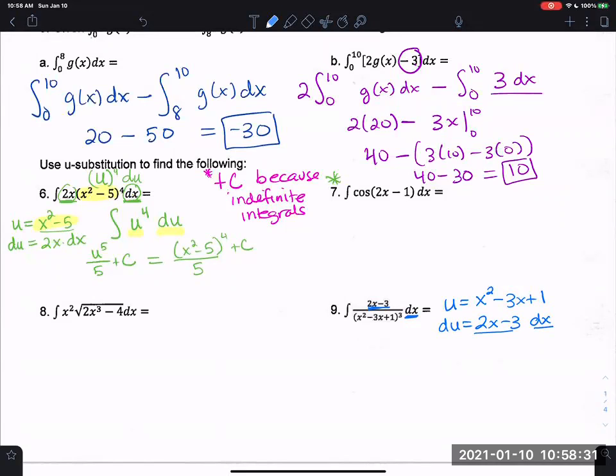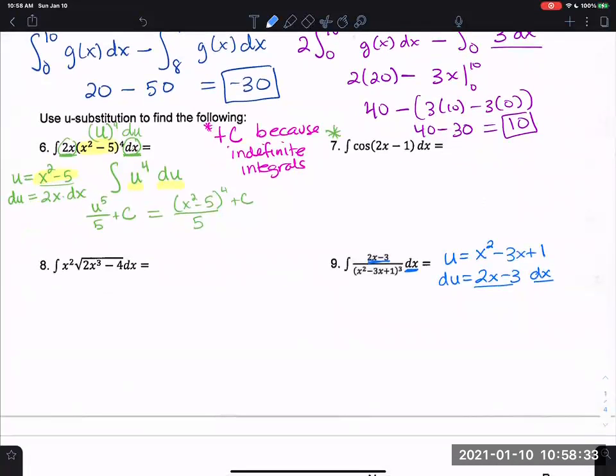Okay. So what we will be doing then is we now have a rewrite of, definitely the bottom is u cubed. The top, can make that a 1, and we can make this the du. What could you also do? You could also just put du right in the top.